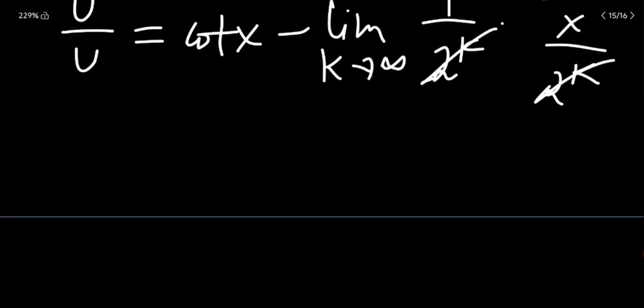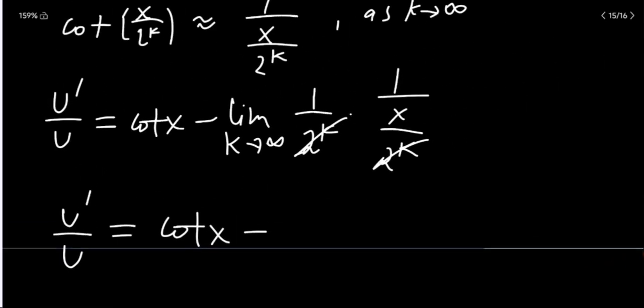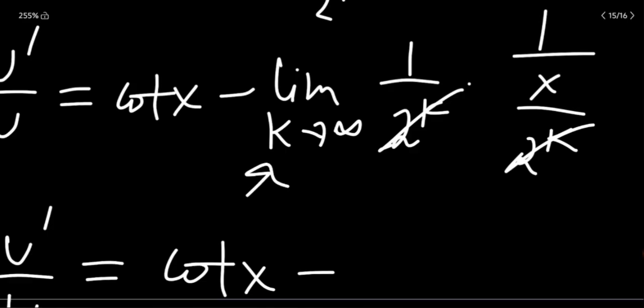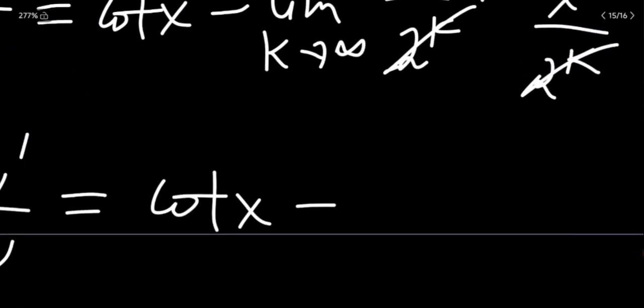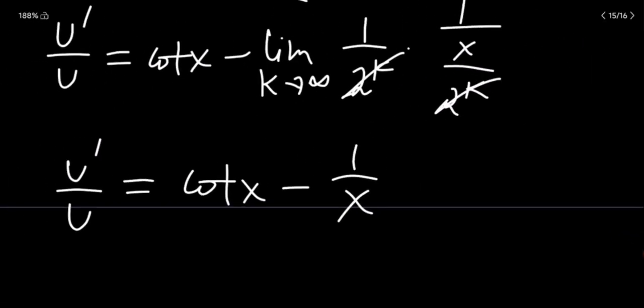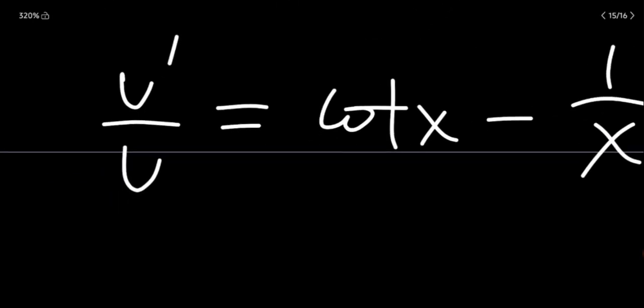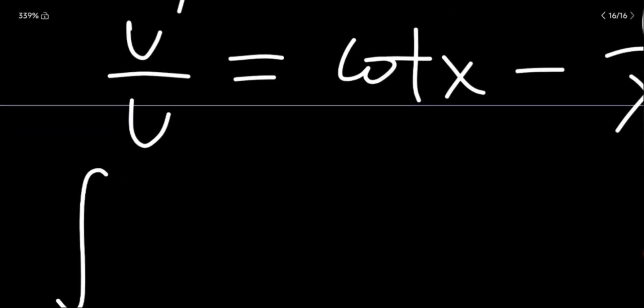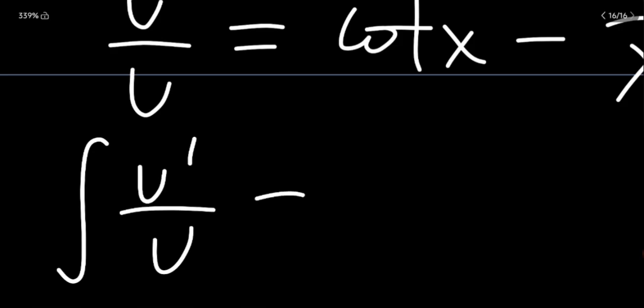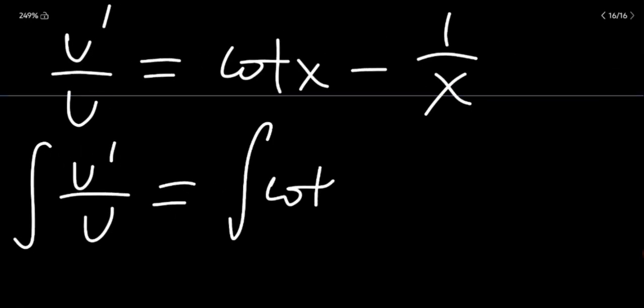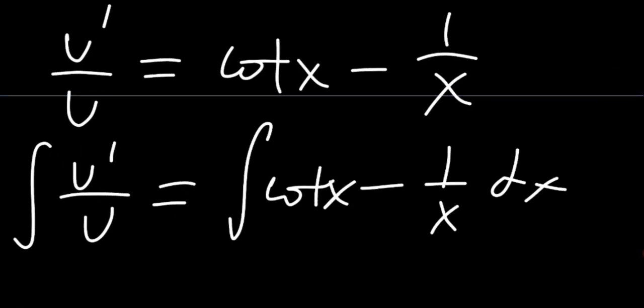So u prime over u should be cotangent x minus, well, since k is independent of x, even if it approaches infinity, it should still be 1 over x. So now we have that u prime over u equals cotangent x minus 1 over x. To get u, we should integrate back. So integrate cotangent x minus 1 over x dx.